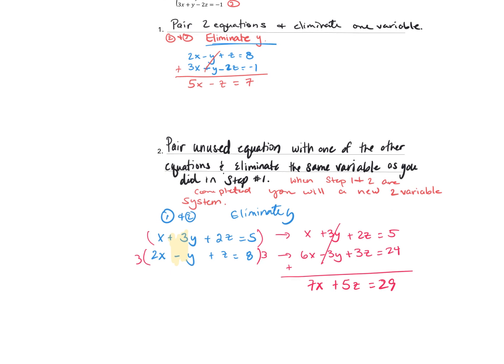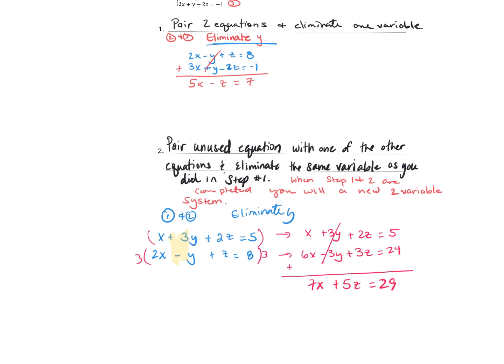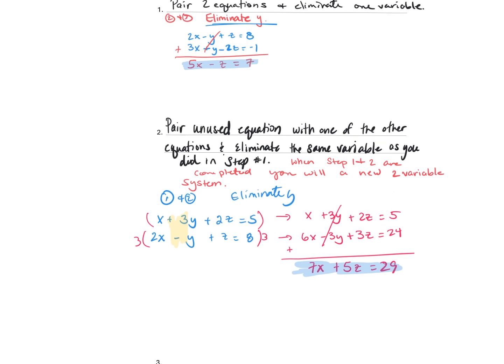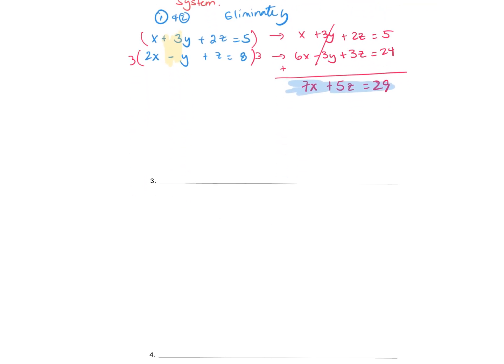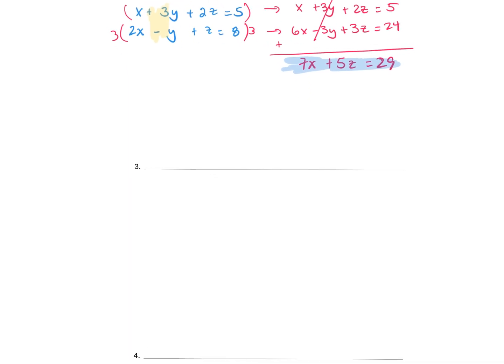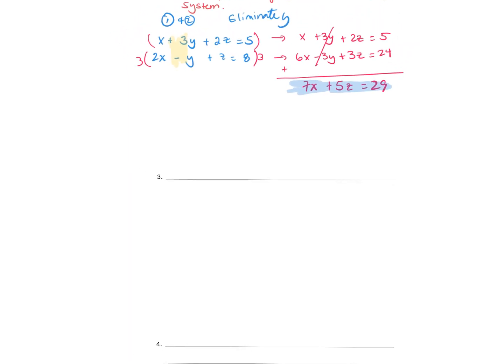Now, at this point, I've created my new system with 2 variables. So I've got this one up here, and I have this one down here. I'm going to take those 2 and write them in step number 3, because step 3 tells us that we have to do some more with that new system. So I'm going to write the system down here.